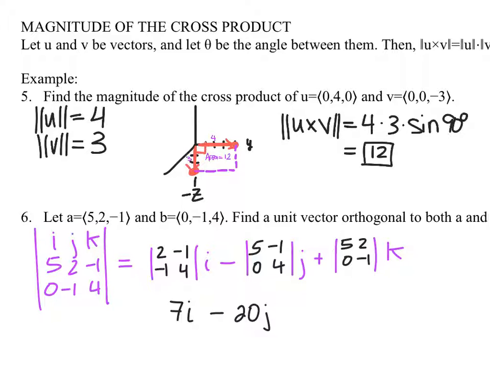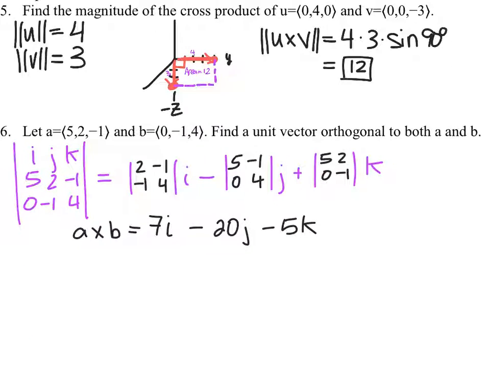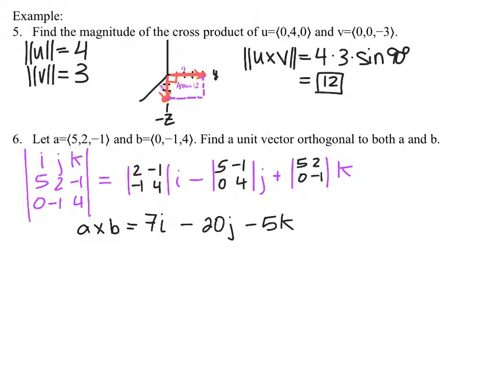So again, we have a nice looking 0 in there, which means the diagonal down is the only thing I'm caring about, so -5k. All right, so that's the cross of A and B, or u and v if you want that notation.